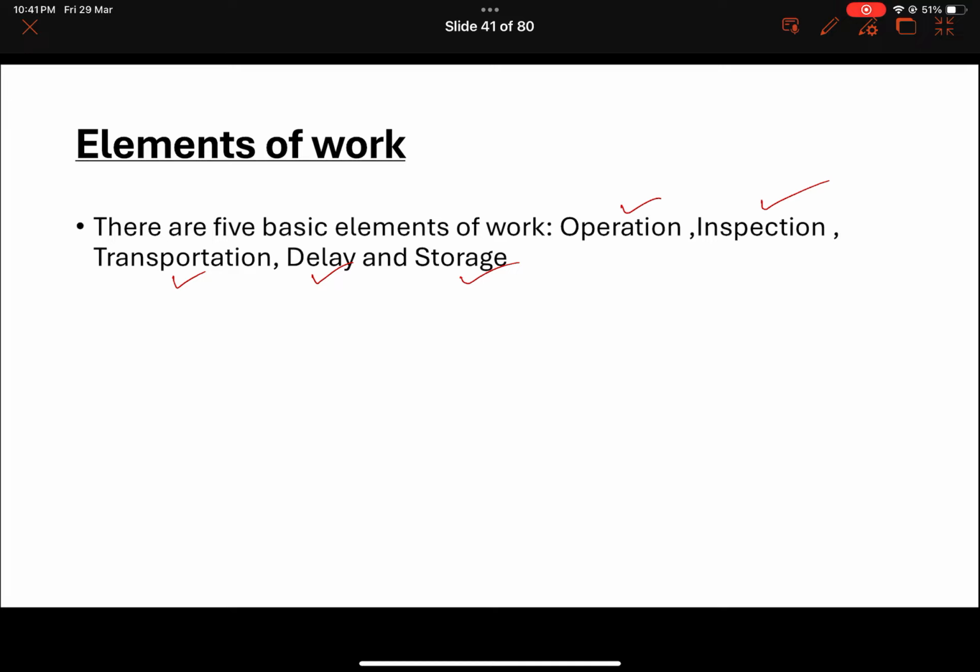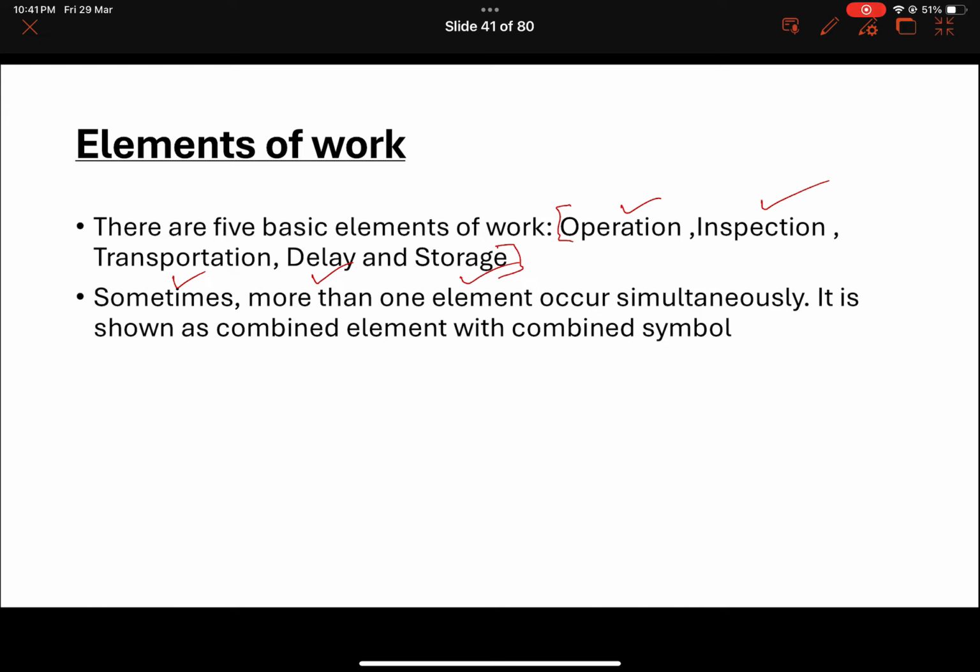So these are the 5 important elements of work, and we use notations and symbols for these elements. In that way you can represent the job or work graphically, right? We will see what exactly each of these elements of work means.